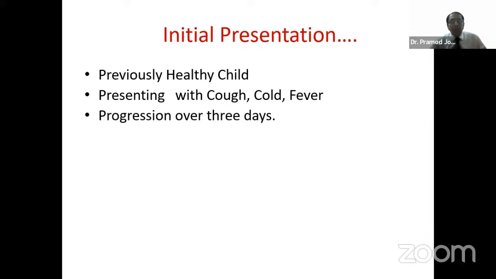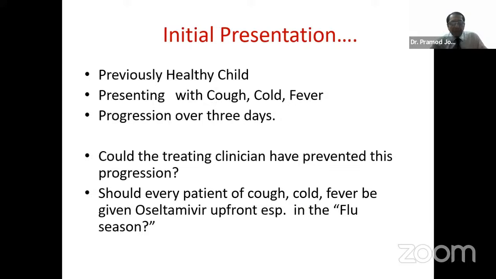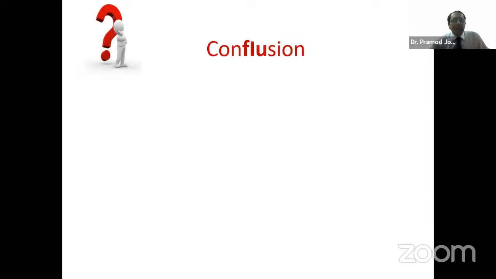Whenever you have the initial presentation of this case, where the child was absolutely healthy, then presented with cough, cold, and fever, and progressed over 3 days, whether the treating physician could have prevented this progression, that is the main question. And whether every patient of cough, cold, and fever during this particular flu season should be given oseltamivir upfront.